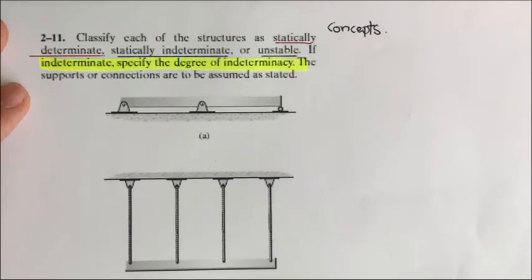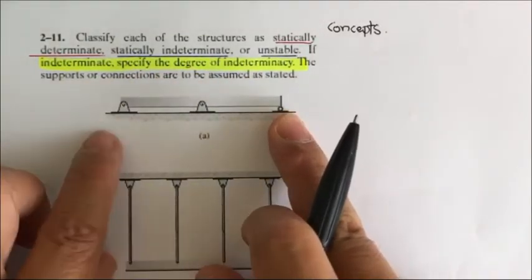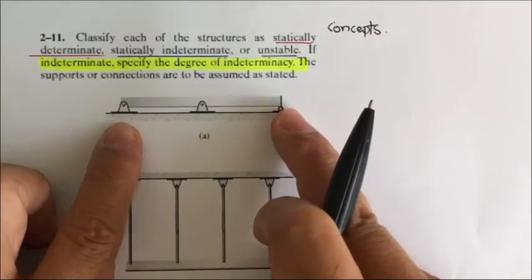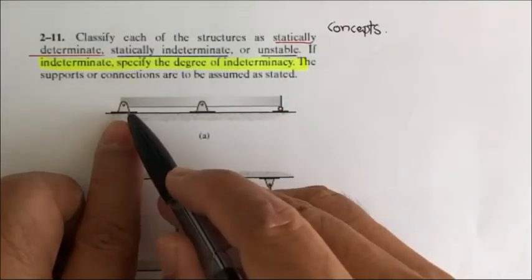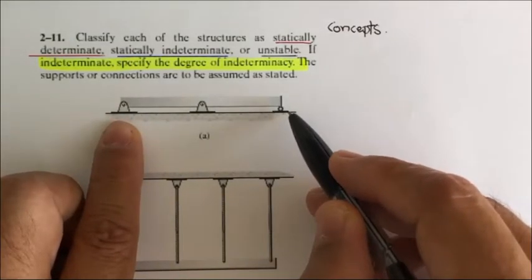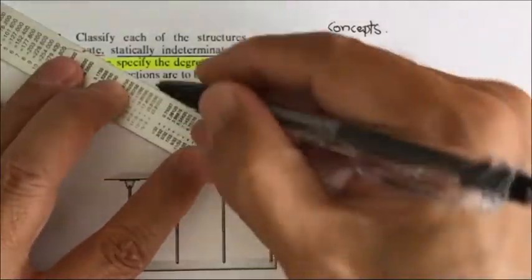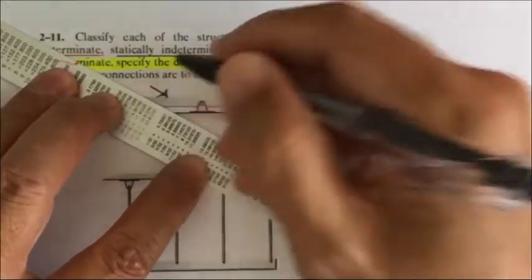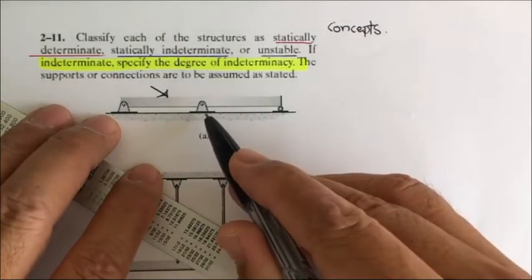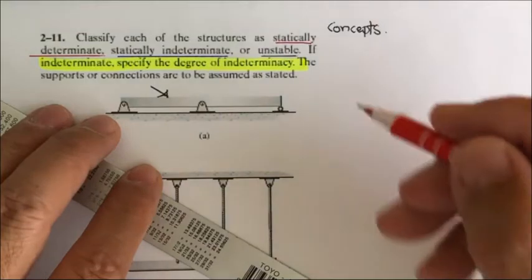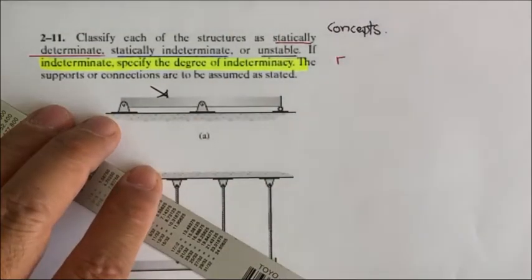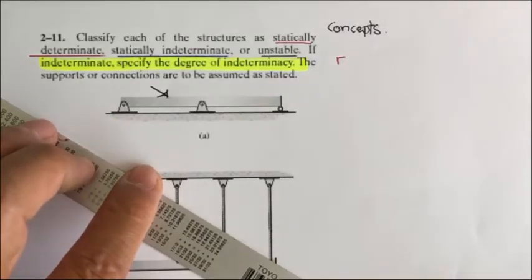The main concept is each structure will be supported by certain supports. For example, this beam is supported by the pin and roller, and at each support, if the structure is subjected to a force or forces, the support will produce a reaction, and then we will find how many reactions the structure has.